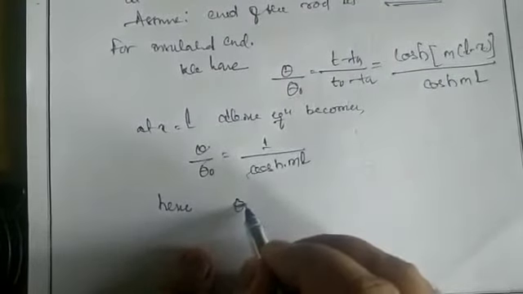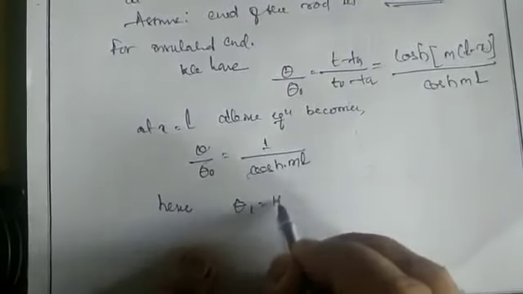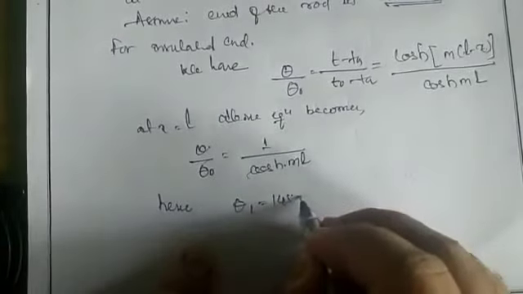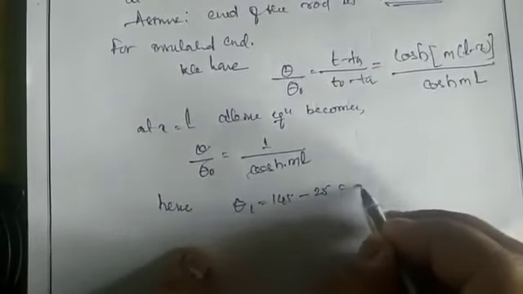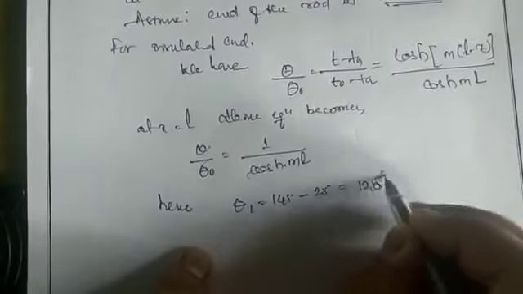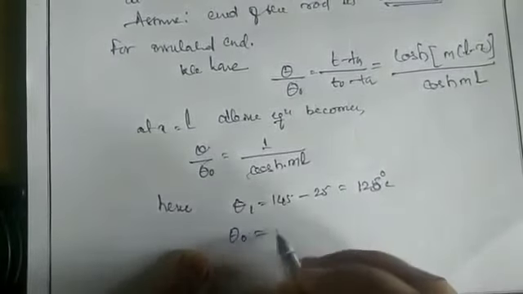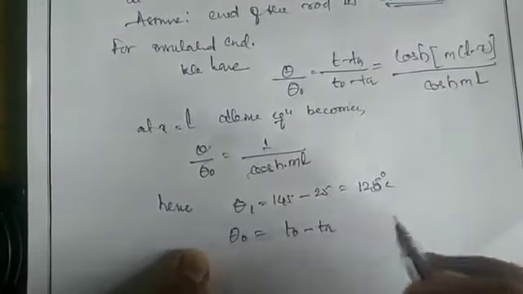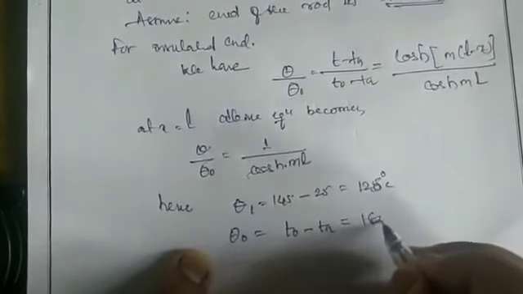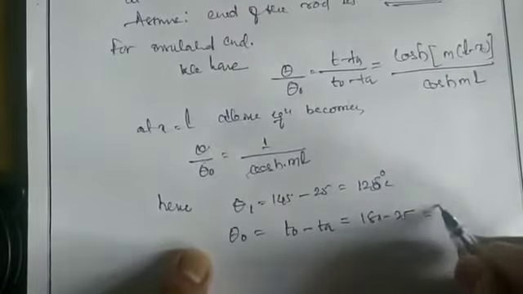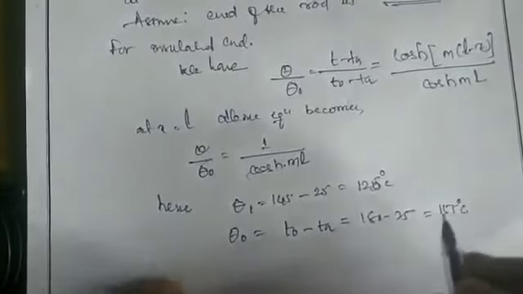So here theta L is 145 minus 25, which is 120 degrees centigrade. And theta naught is equal to T naught minus T A, 180 minus 25, is equal to 155 degrees centigrade.